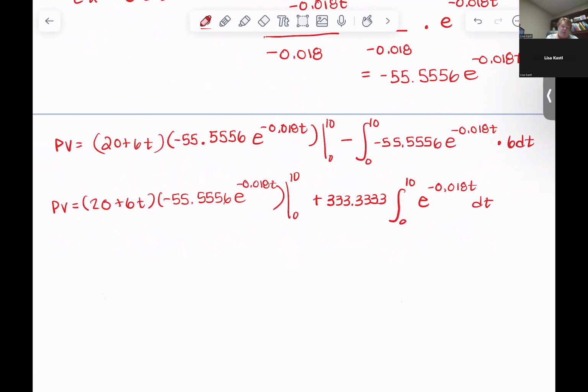That integral is going to be 333.3333 times e to the minus 0.018t divided by negative 0.018, evaluated from 0 to 10. And we still have all that first part there.